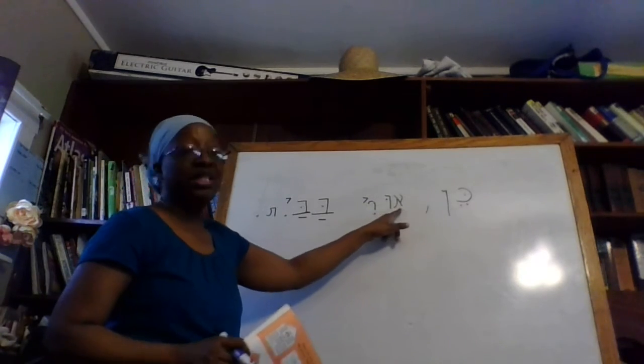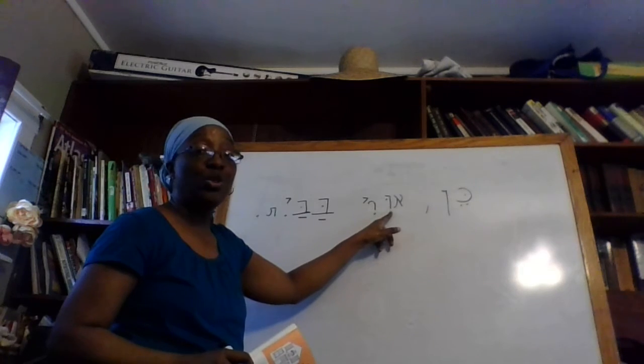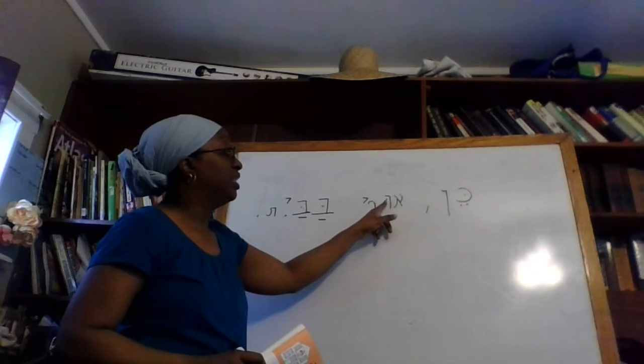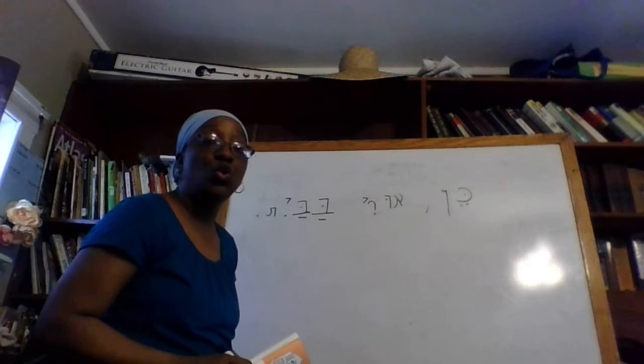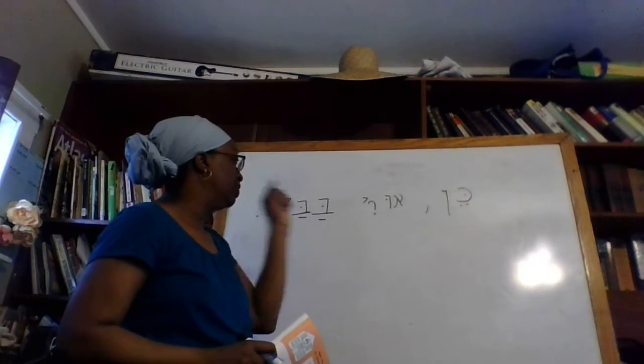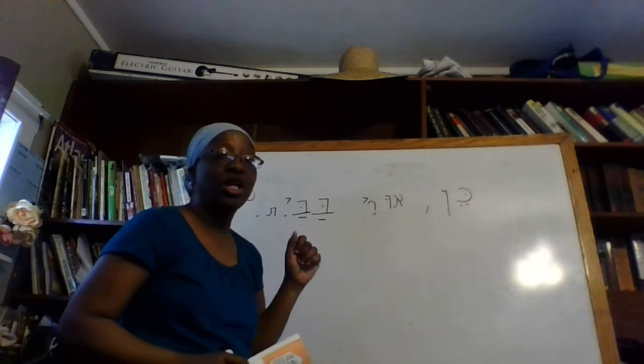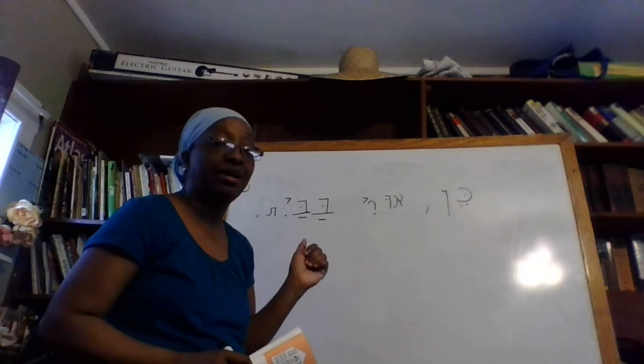Next, remember the ayin does not make a sound, but it has a vowel next to it. The vav with the dot in the middle makes the oo sound. Then you have a resh with a dot at the bottom and a yod at the top. We learned that makes the ee sound.